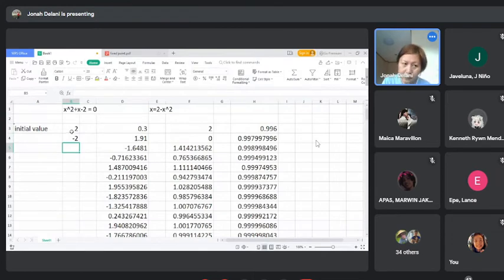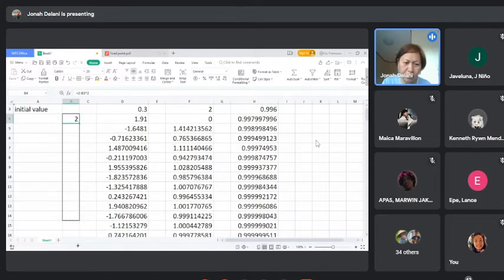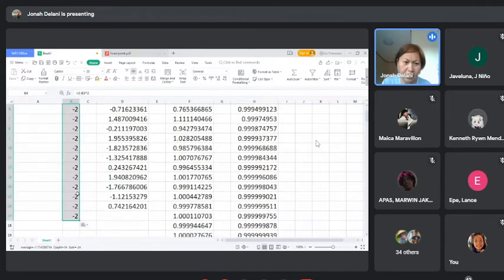Let's say we don't have an initial value yet. So whatever is the value there, I will substitute it here. So I can copy my formula. Copy the formula. They all have the same formula.